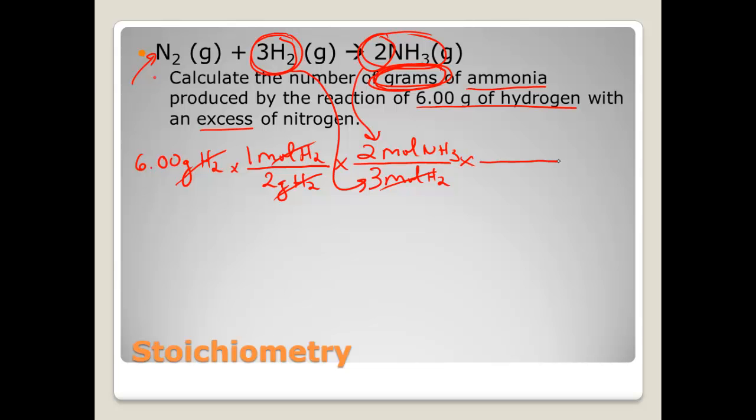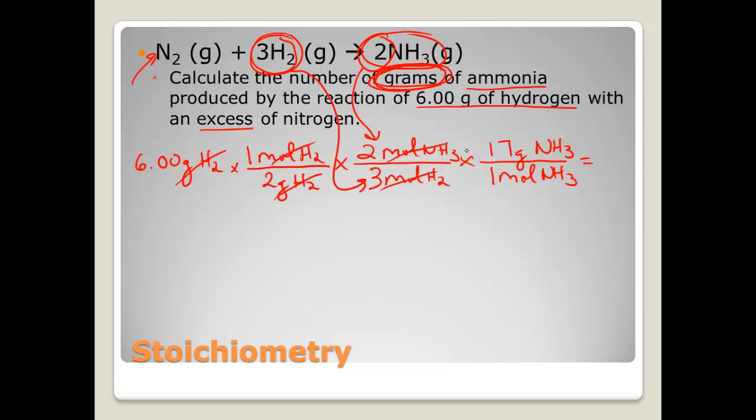So in order to convert moles of ammonia into grams of ammonia, what do I need? Molar mass. Where do I find the molar mass? Look on the periodic table of elements. So 1 mole of ammonia, look on the periodic table and it's 17 grams of ammonia.